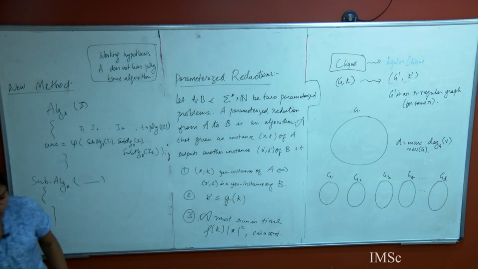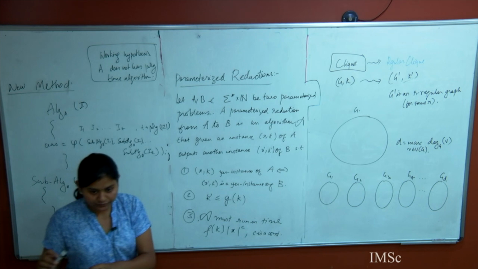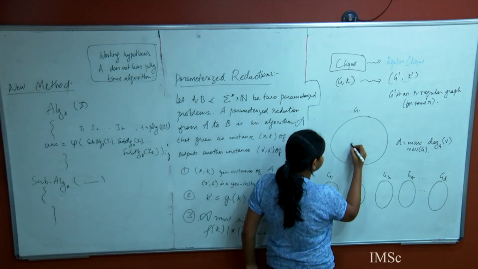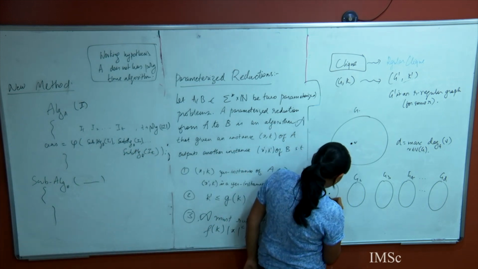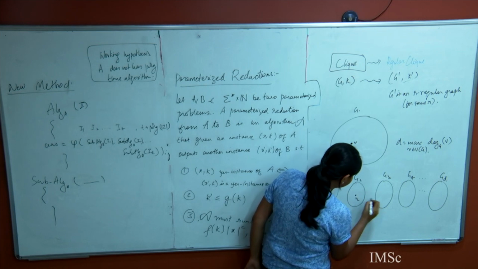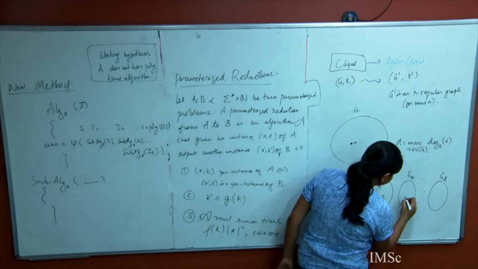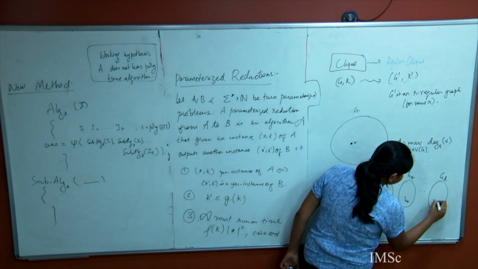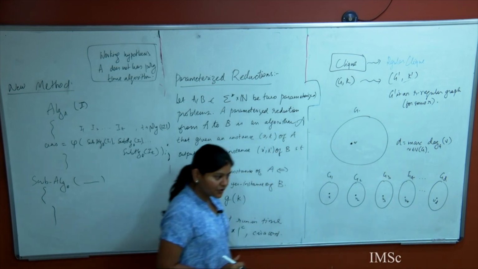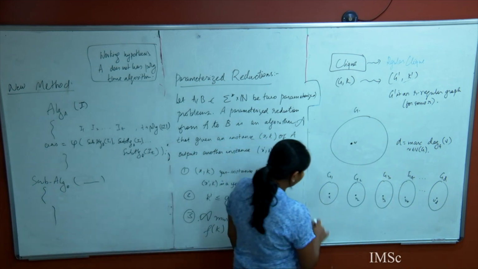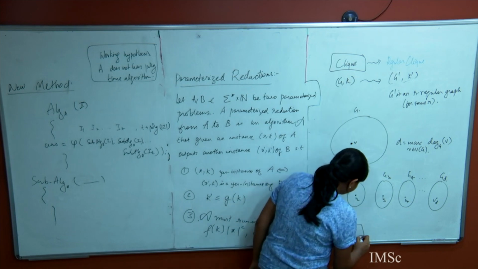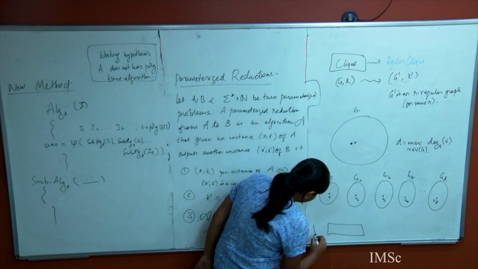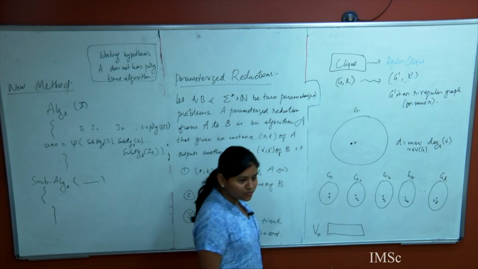Now for each vertex v here, notice that v has copies v1, v2, v3 to vD because we have joined copies. What we will do is create a set of vertices denoted by V subscripted by this small v.